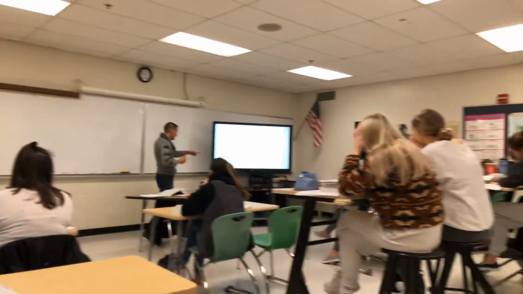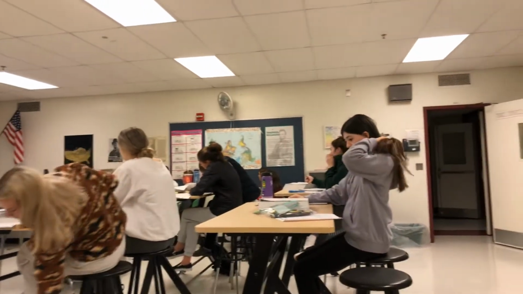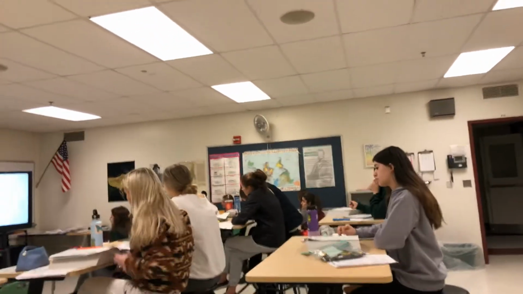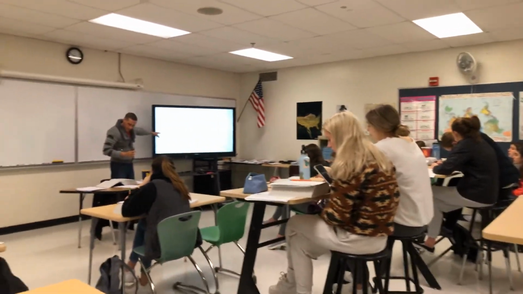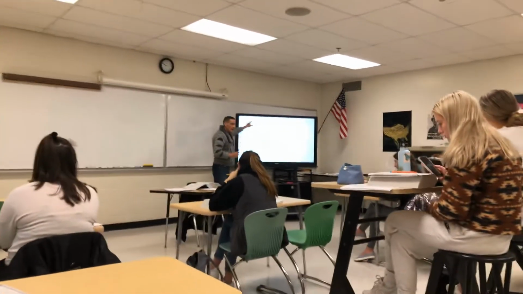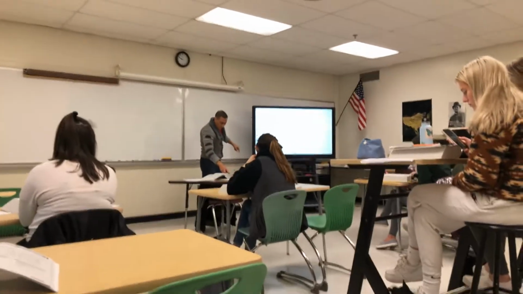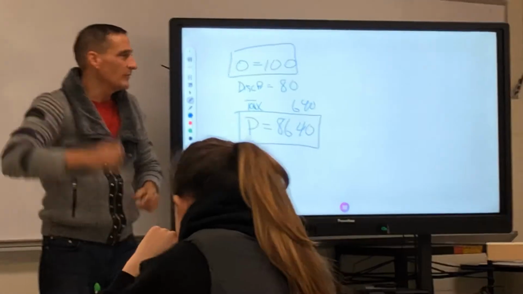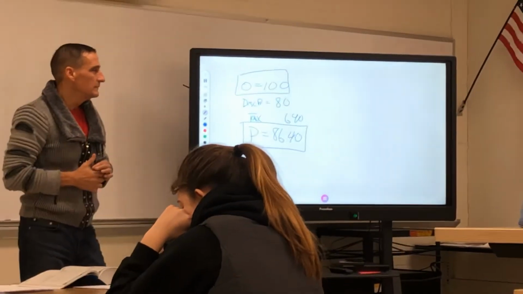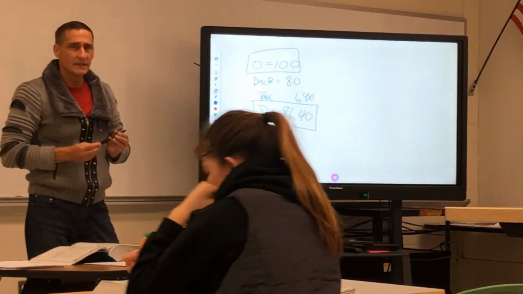What's 0.88 times this? Not 100. What's 86.4 divided by 0.88? Not 100. What's 0.8 times 1.08 times this? Not 100. Circle D, move on with your life. Does that make sense?